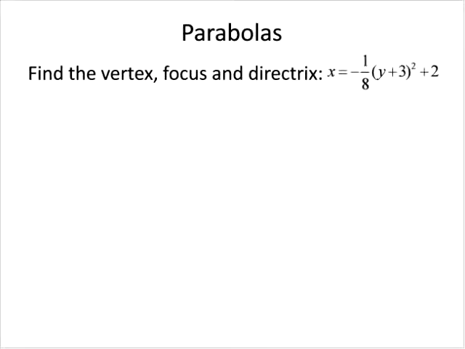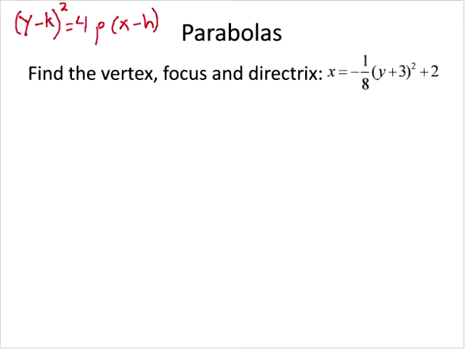Okay? So let's take a look at a problem. So there we go. I have this parabola: x equals negative 1/8 times (y plus 3) squared plus 2. First of all, I want to get it in the right format. The format that I want it to be in is y minus k, squared, equals 4p times x minus h.